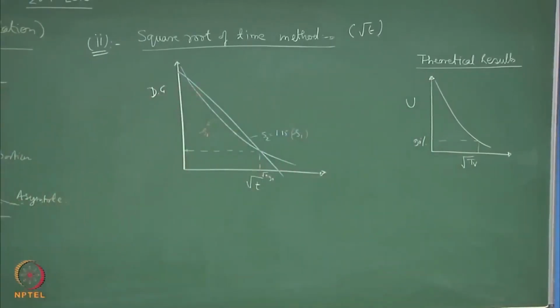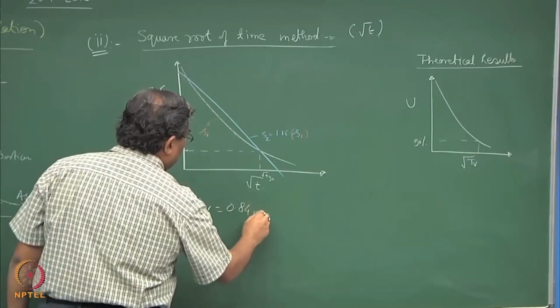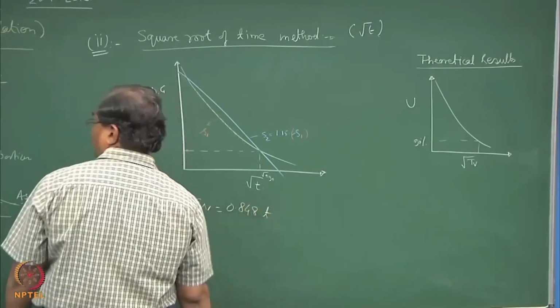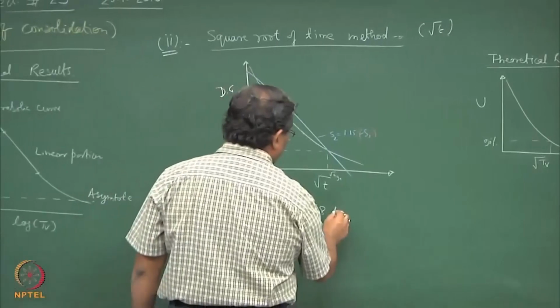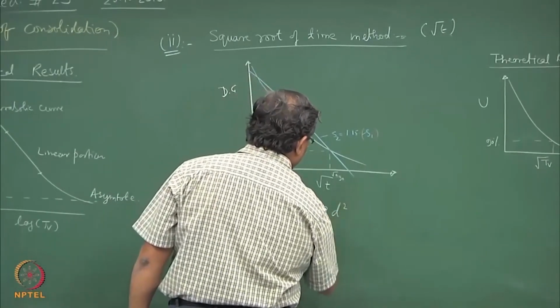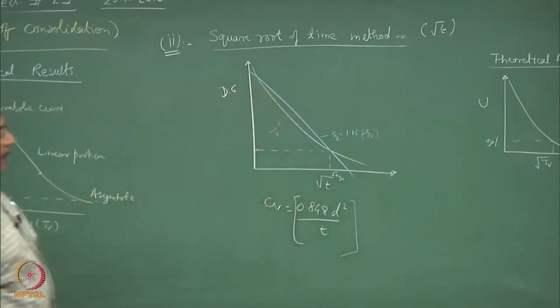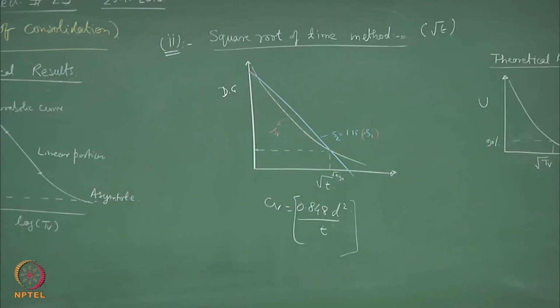For 90% consolidation, the CV comes out to be 0.848 into d square upon T. So, this is a relationship which can be utilized.